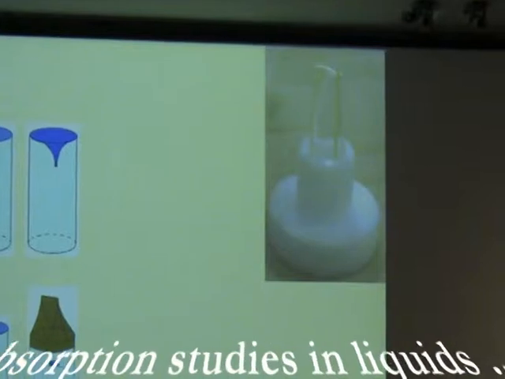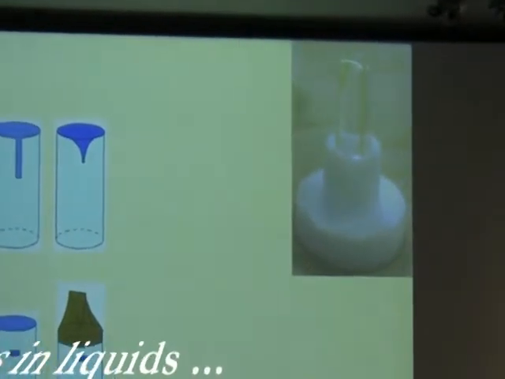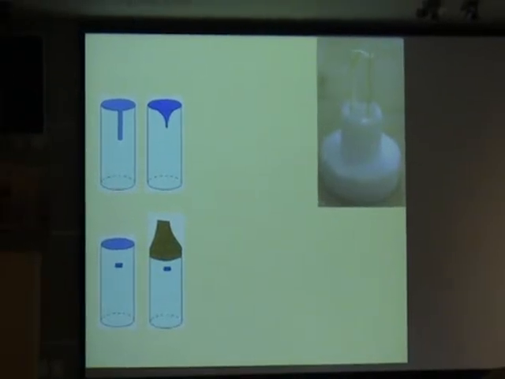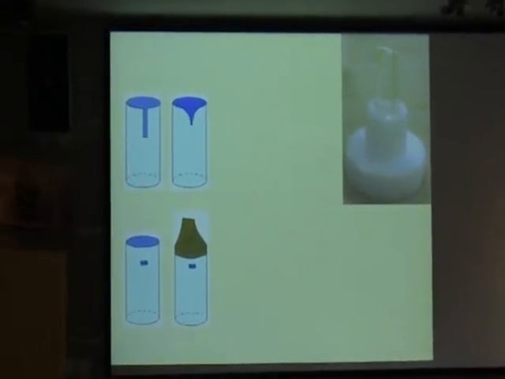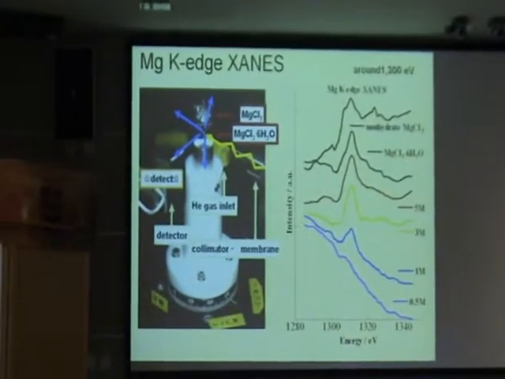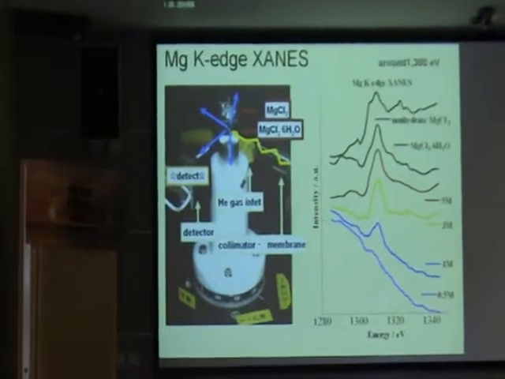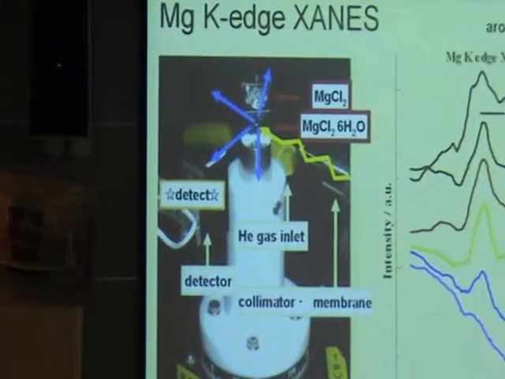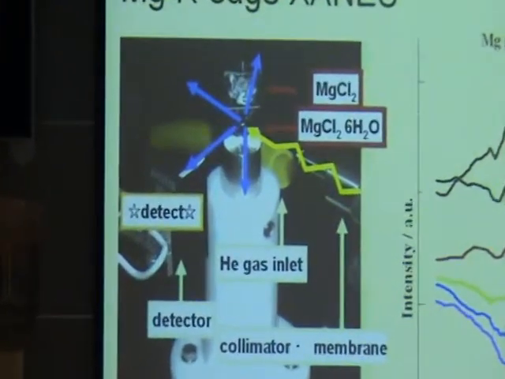We measured solution samples and some biological samples. So this is a sample holder for solution samples. We have several, and this is a hydrated sample. And others are solution samples from 5 mol to 0.5 mol.